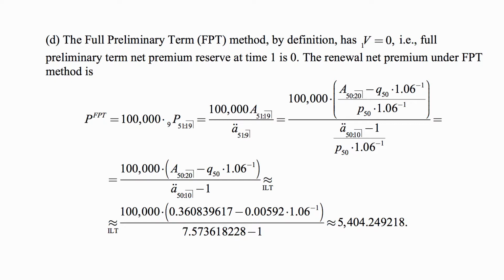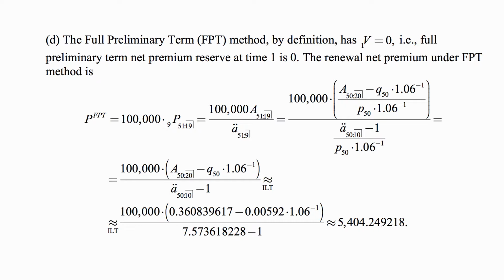So it is, in this case, for $100,000 benefit, premium paid over 9 years for coverage on a 51-year-old over the next 19 years for the same type of policy. So in this case, remaining years, that's a 19-year endowment. So it's 100,000 times A51:19 divided by ä51:9.